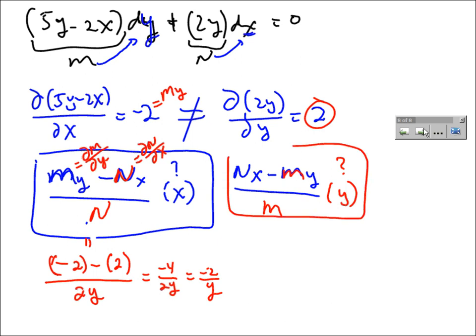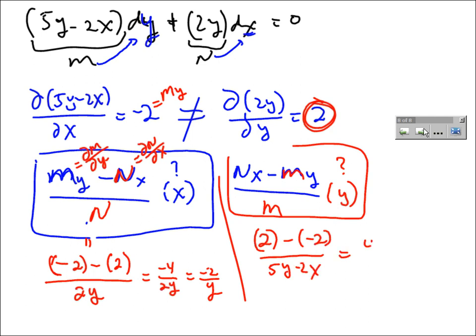Over here, N sub x is 2, minus M sub y is negative 2, over M, which is 5y minus 2x. So here I get 4 over 5y minus 2x. And we didn't need to do both. I just want to show you something. And unfortunately, I even had a mistake. Sorry.